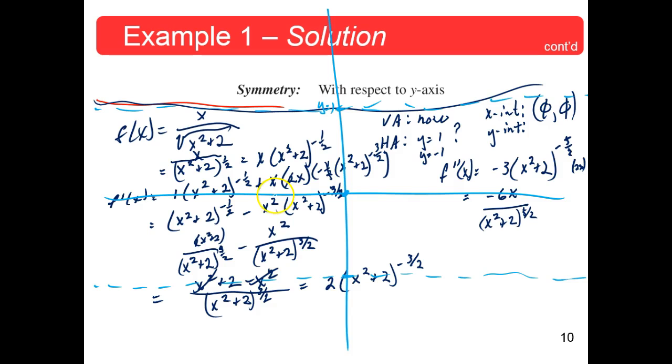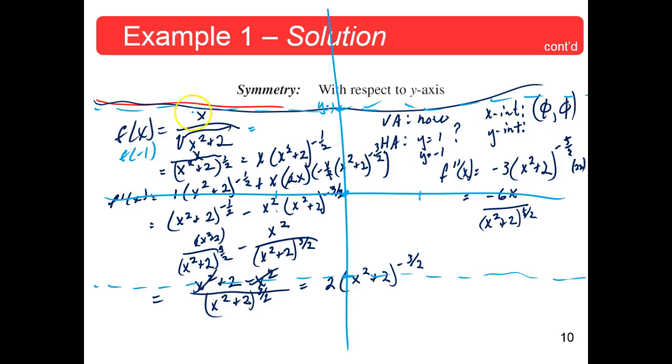Why such big numbers? About -1 and +1. Aren't they going to be a little easier? Maybe not, but let's see. When we plug a -1 into f of x, what do we get?